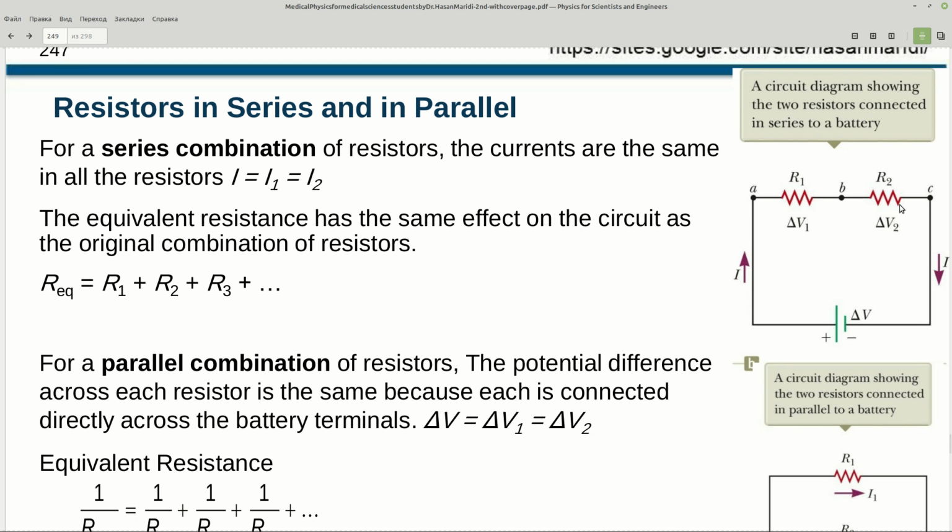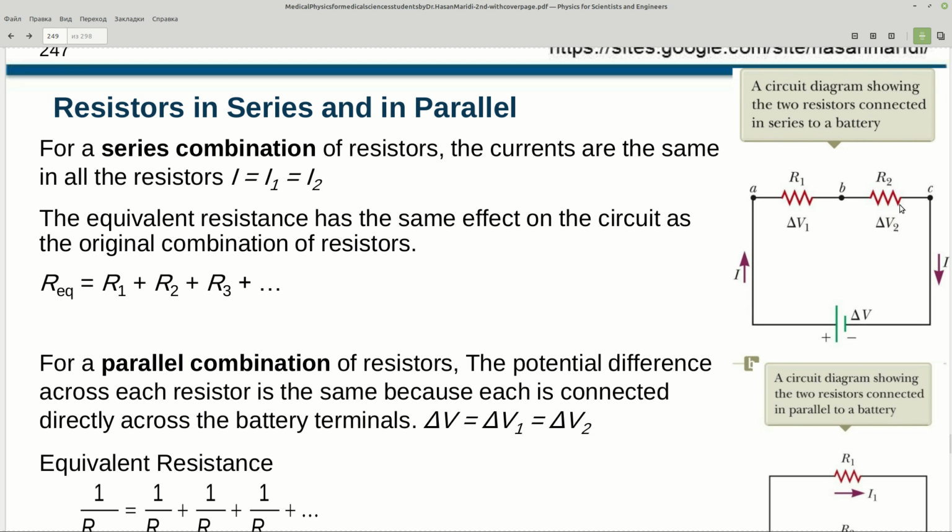That's why they receive the same delta V, the same difference between these two points, A and B. So delta V1 equals delta V2 and equals delta V in the whole system, delta V of the accumulator, because of the difference of potential between the two points A and B.